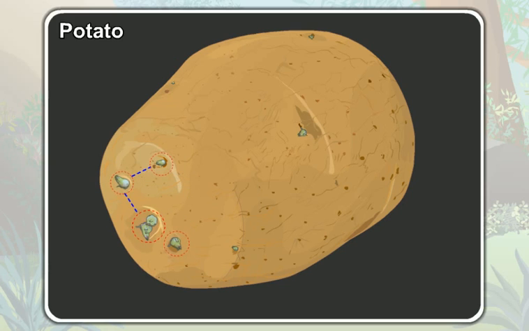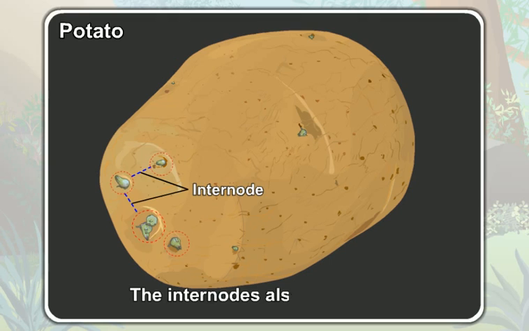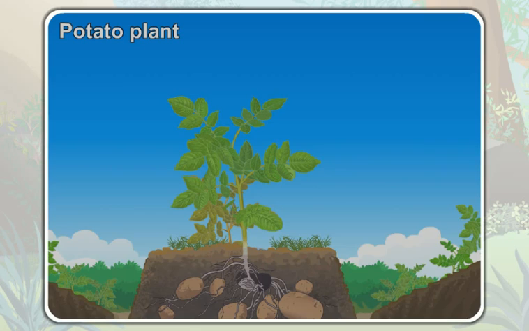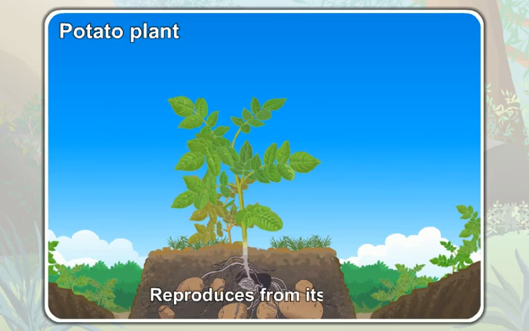The distance between each node is called the internode. The internode also bears buds. These buds grow into a new potato plant. So, a potato plant reproduces from its stem.